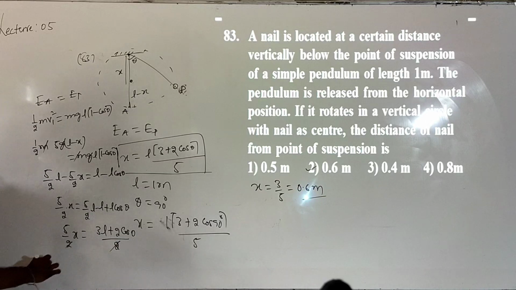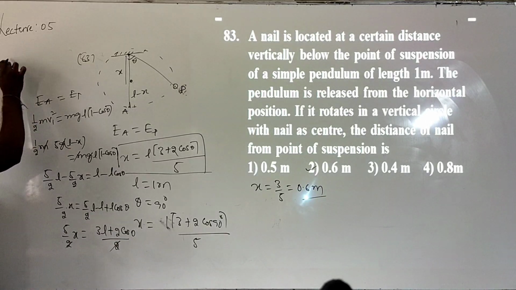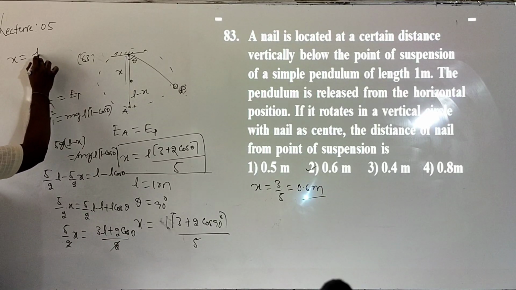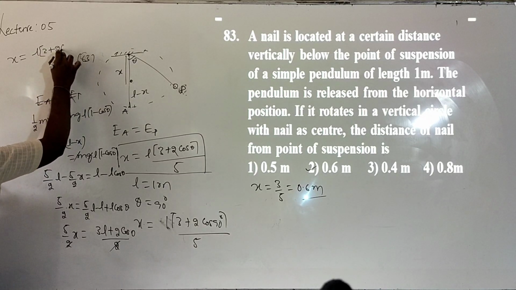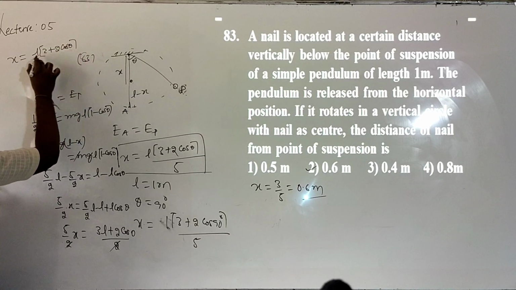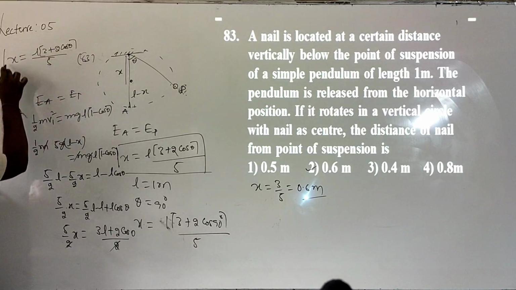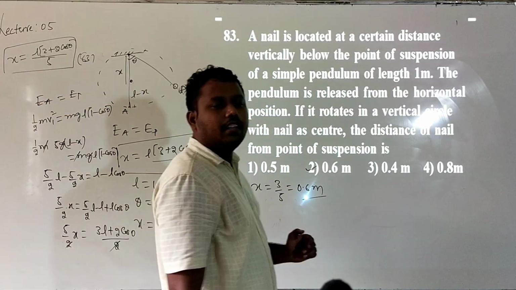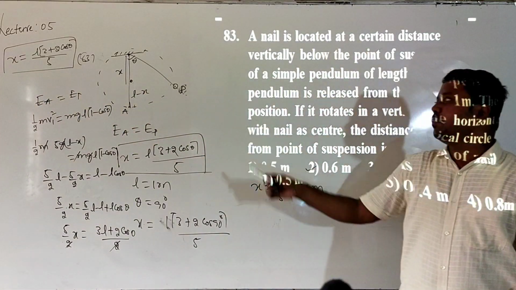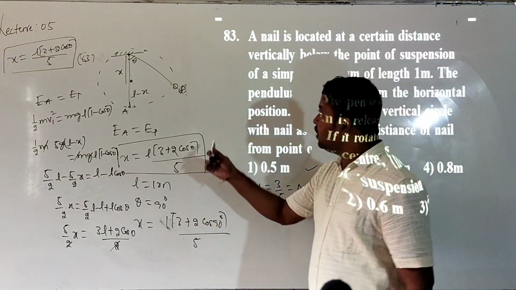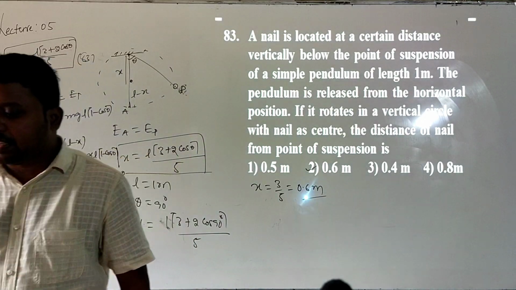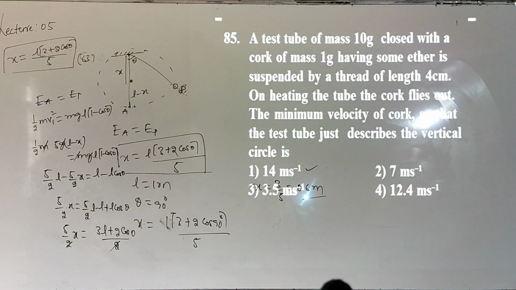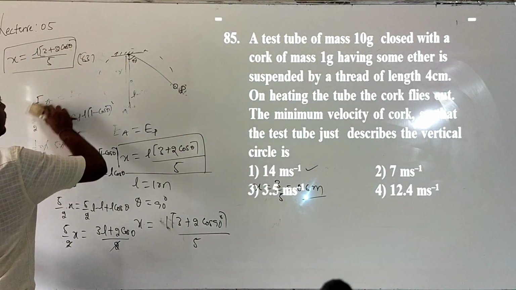So the 2 cancels. Then x is equal to L into (3 plus 2 into cos theta) divided by 5. This one is the formula, for a particle to execute vertical circular motion. Question number 85. Next question.